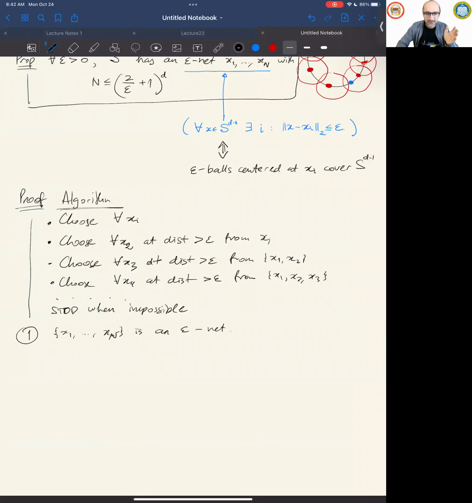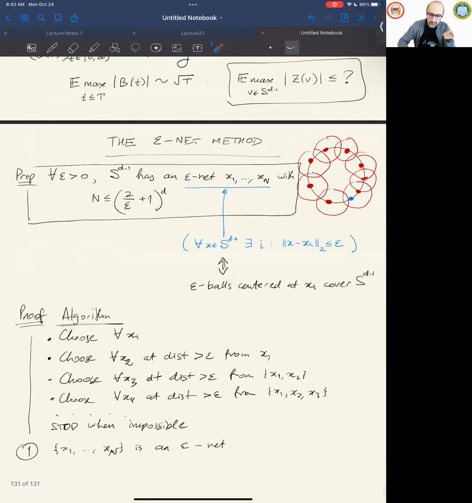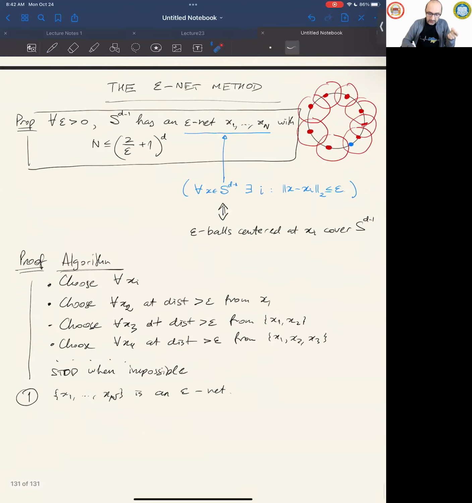So suppose it is not an epsilon net. What does that mean? It means there exists a point on the sphere, a blue point right here, which cannot be approximated by any point. And that means that it lies farther than epsilon from any point. But if it lies farther than epsilon from any point, we should not have stopped. We should actually have included one of these points and kept going.